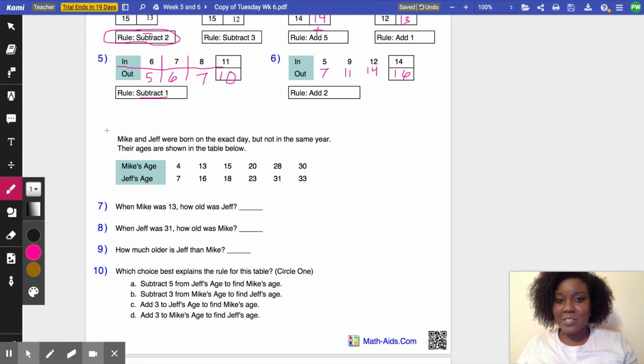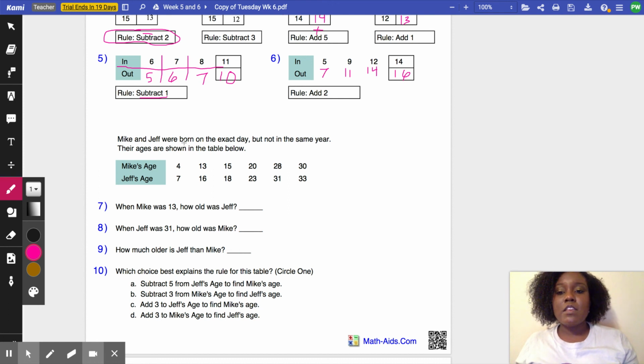Here's this next one. Mike and Jeff were born on the exact day, but not in the same year. Their ages are shown in the table below. If Mike is 4, Jeff is 7. If Mike is 13, Jeff is 16. If Mike is 15, Jeff is 18. If Mike is 20, Jeff is 23.